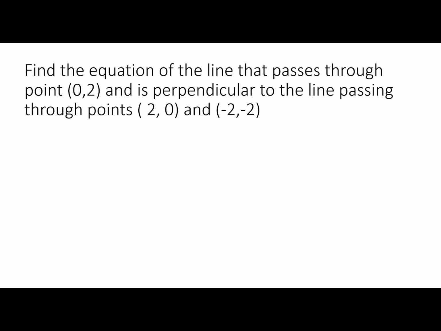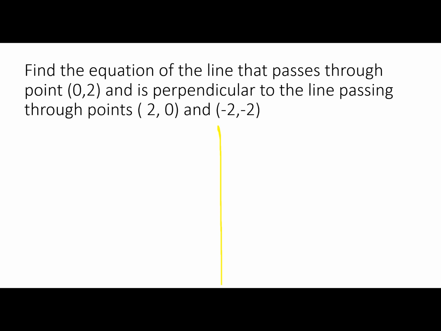Find the equation of the line that passes through point 0, 2 and is perpendicular to the line passing through points 2, 0 and negative 2, negative 2. So in this case, we don't have an equation, we have the points it's passing through. We can find the slope.